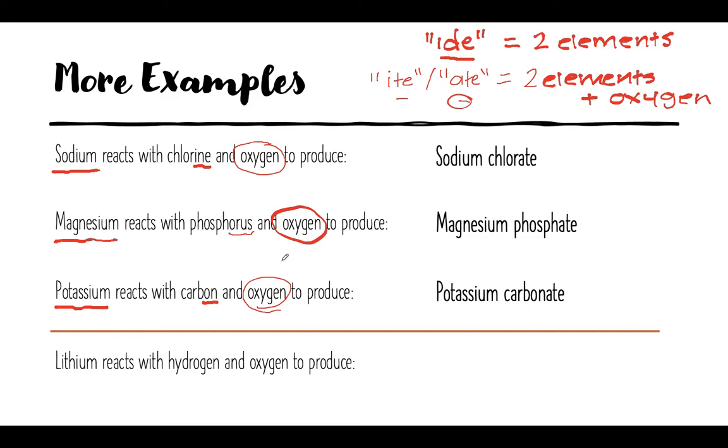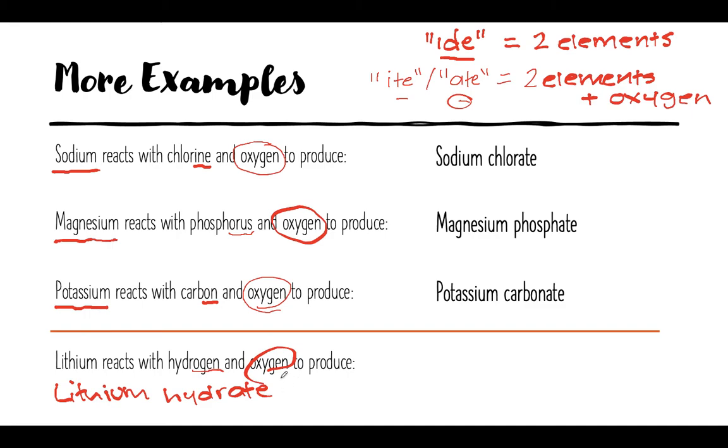Now, when lithium reacts with hydrogen and oxygen, you might think by following these rules that you get lithium, because that's the name of our metal, and it would be hydrate, because that's exactly what we've done here. We've taken the ending of our non-metal and we've changed it to ATE to indicate that we have oxygen.